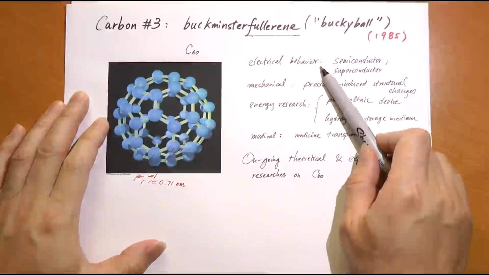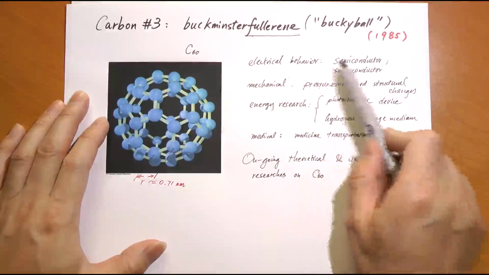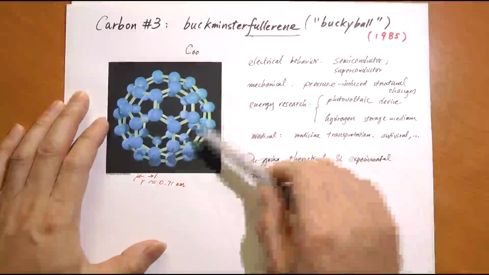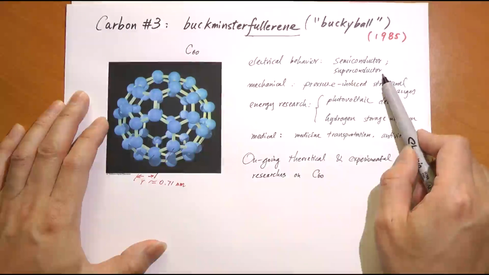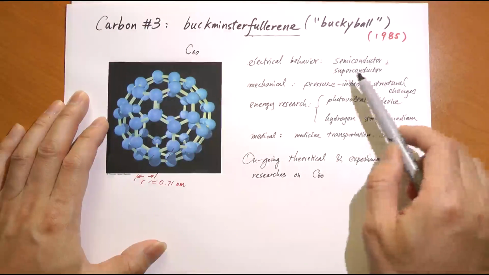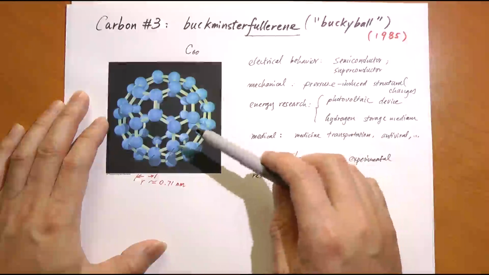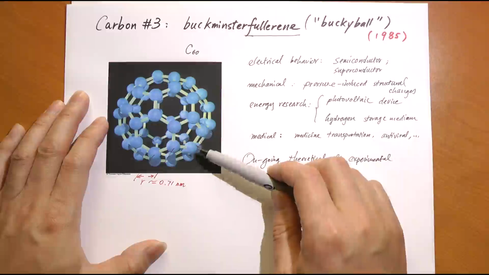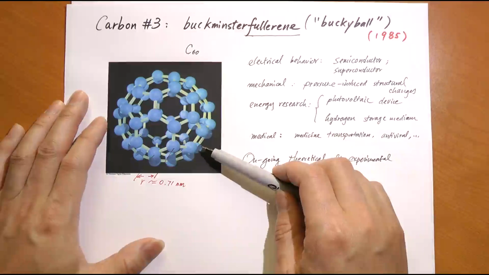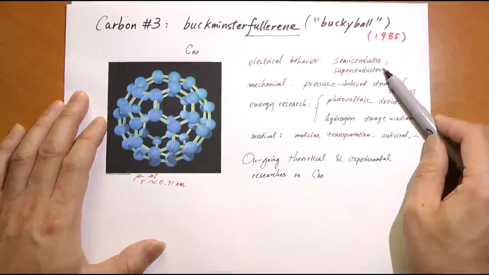The electrical behavior. This thing can be a semiconductor. It's actually a semiconductor at room temperature. It also becomes a superconductor when the temperature is low enough. And the theory of why this buckyball is a superconductor, at what temperature does it become a superconductor, and so on, the theory is not entirely established yet, so it is an ongoing research.